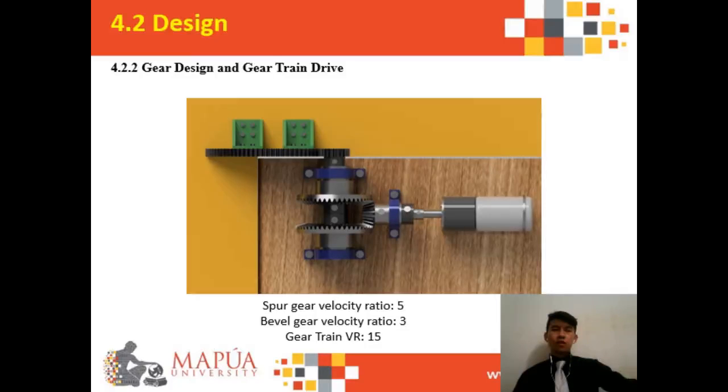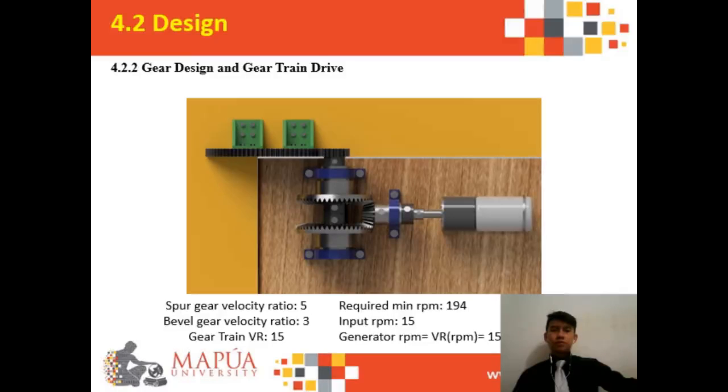Again, please refer to the appendices for the computations, design of the spur gears, and the dimensions of the bevel gears and spur gears. And there you go. There's a computation for the generator RPM, which is 225 RPM.